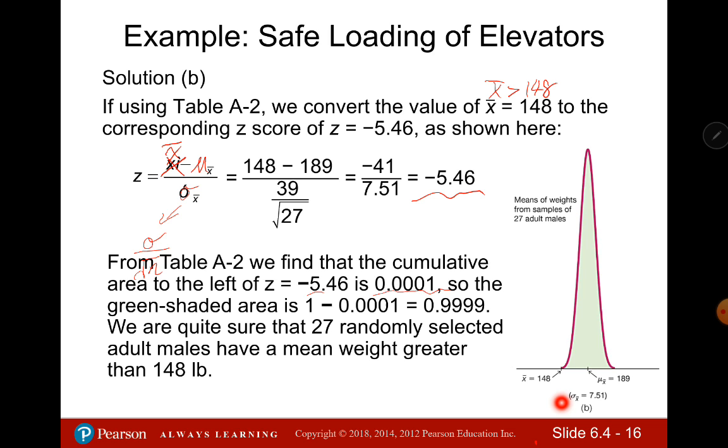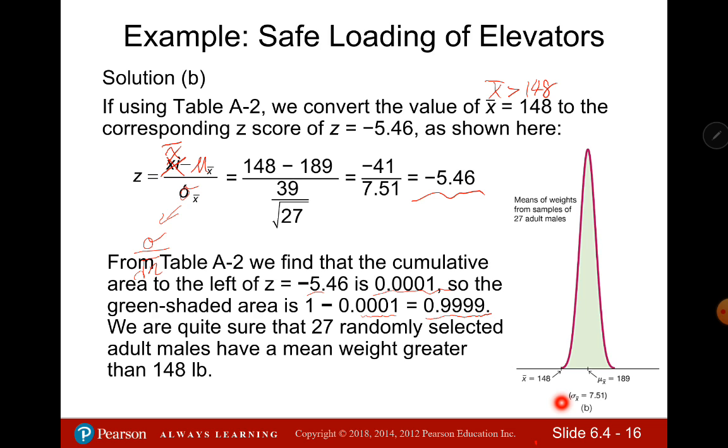It's still about the area cumulative to the right. So we use total area minus the area cumulative to the left to get the area cumulative to the right. So this 0.9999 is the answer of part B.